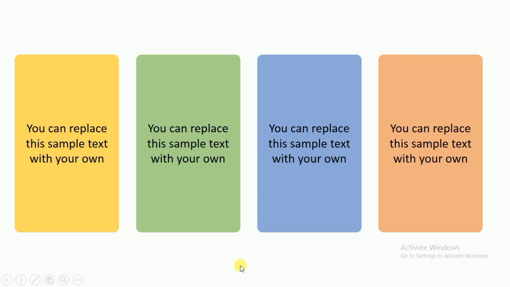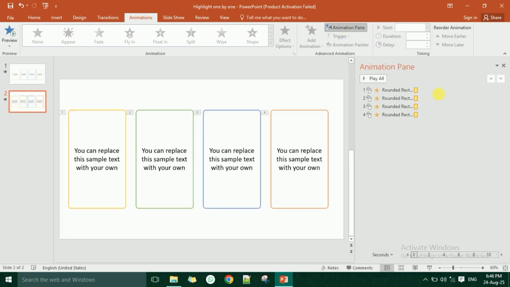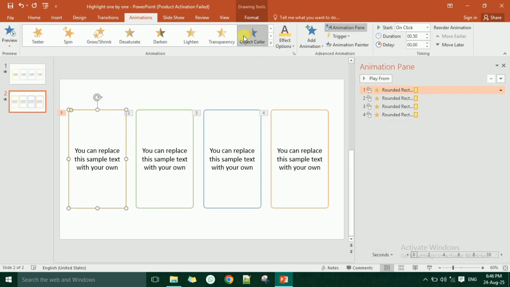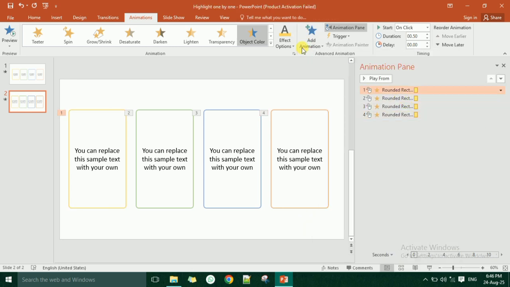You can go with this animated slide, but if you want to create the slide as I showed you in the intro, let us move ahead. Go to the Animation Pane, click the first rectangle, and after that click on Add Animation.